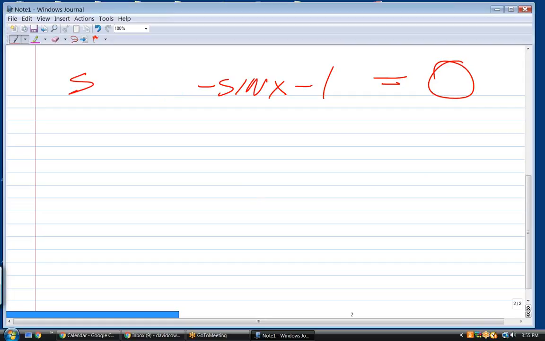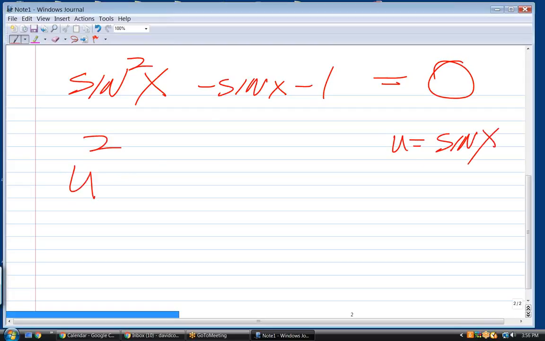Notice that when I had this, I can actually use something called u substitution. I'm going to let u equal sine x. This now turns into u squared minus u minus 1. Well, I can factor that real easy. That's u, or there was a 2 in front. Where was the 2?